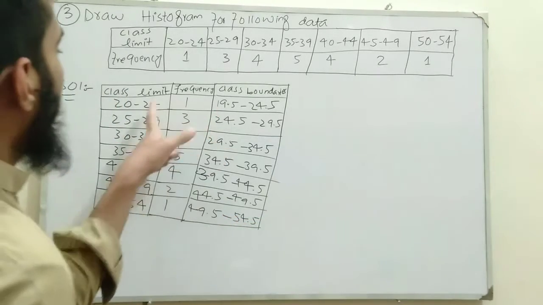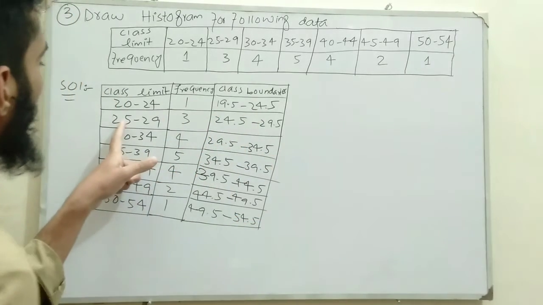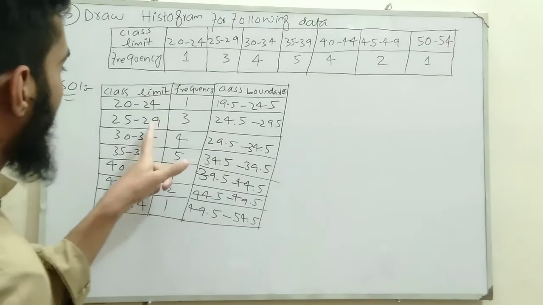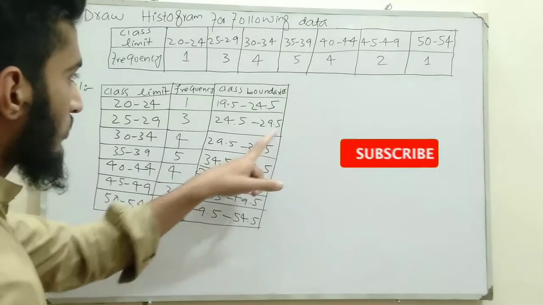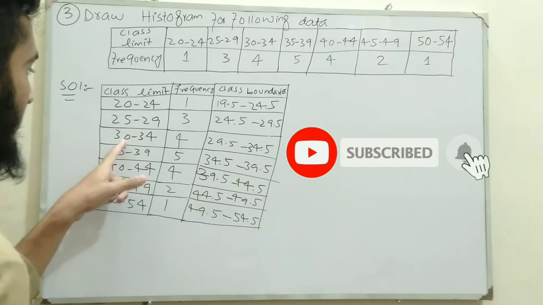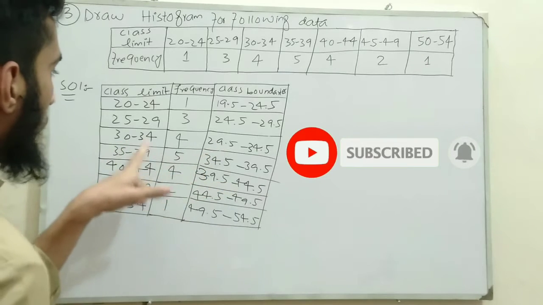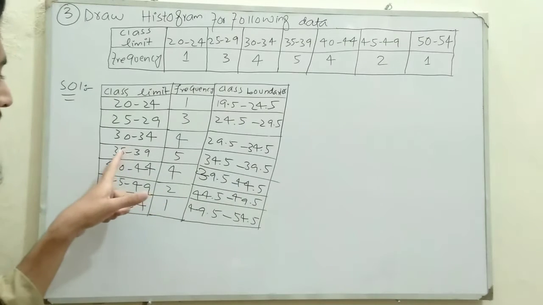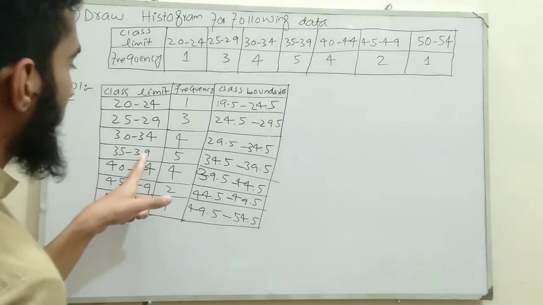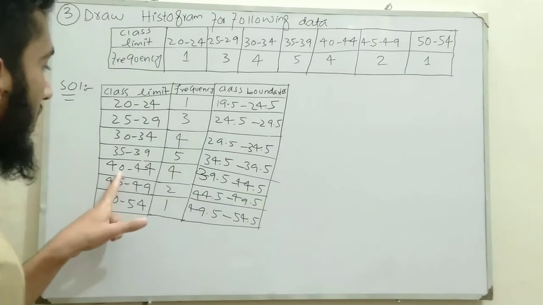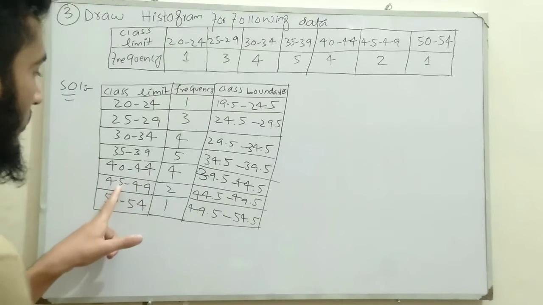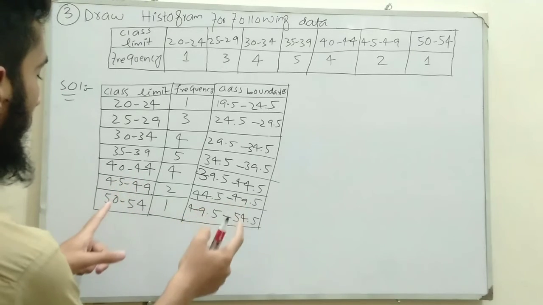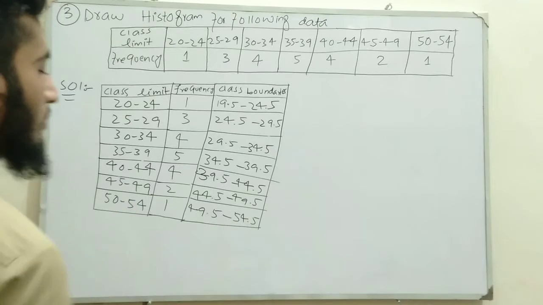So 19.5 and 24.5. Subtract 0.5 from 25, it becomes 24.5, and adding 0.5 to 29 becomes 29.5. Subtract 0.5 from 30, it becomes 29.5, and adding 0.5 to 34, it becomes 34.5. Subtract 0.5 from 35, it becomes 34.5, and adding 0.5 gives 39.5. Then 39.5, 44.5, 44.5, and 49.5, 49.5, and 54.5.